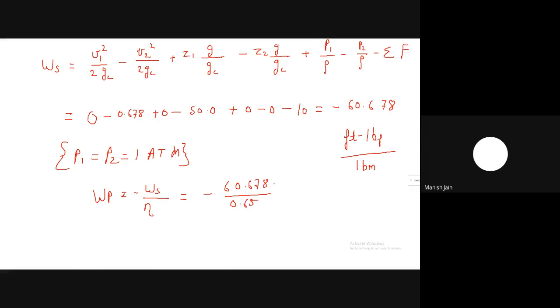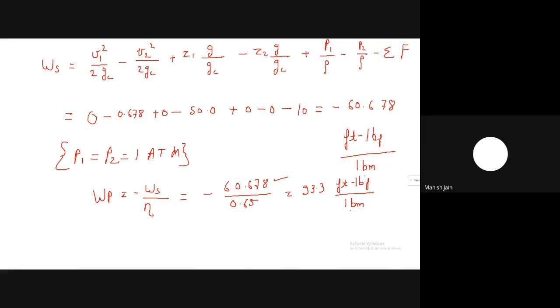This is the theoretical requirement. Theoretical requirement divided by efficiency gives the actual requirement. So it will come to 93.3 foot pound force divided by pound, that is LBF divided by LBM.